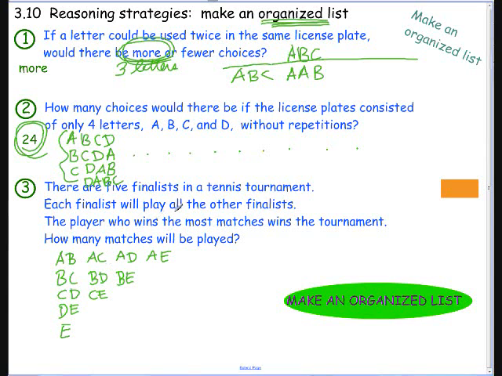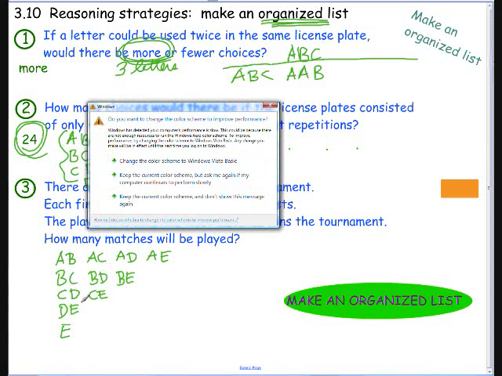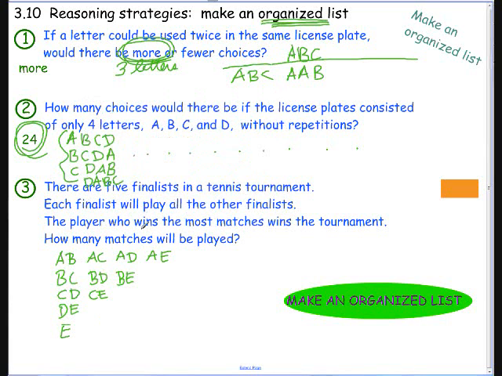So for all of them to get to play all the other finalists, we have to have 1, 2, 3, 4, 5, 6, 7, 8, 9, 10, 11. Well, this isn't actually E playing against, no, that one doesn't count, because E has played against the other 4 right here.